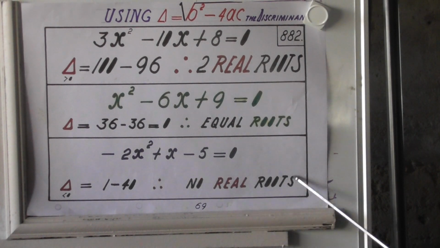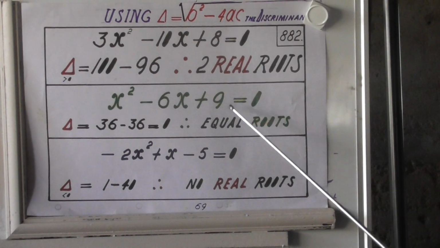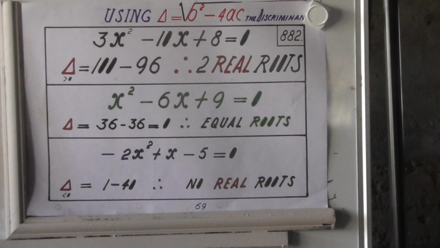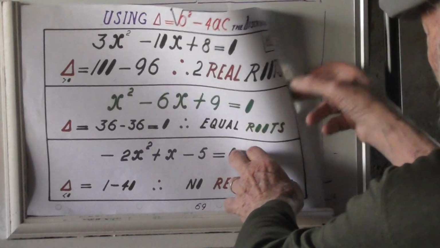Later we can see, actually right now. So, 2 answers, 2 the same or no answers. And that actually can be shown in a graph.